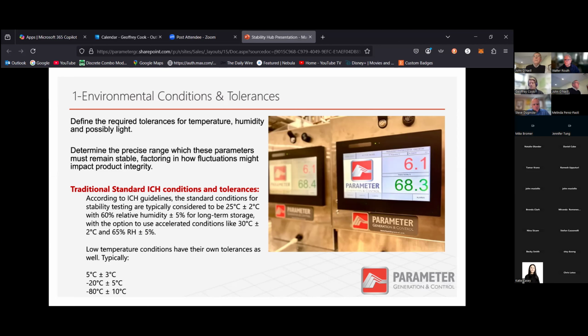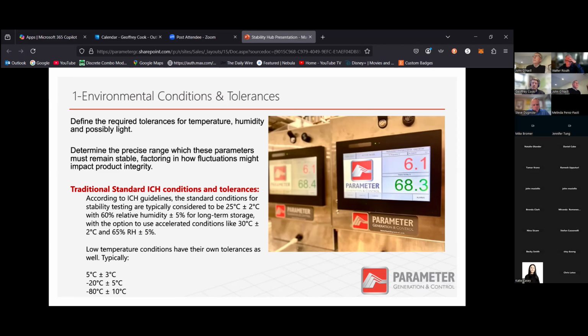So your tolerance is a little bit more lenient there too, with your plus or minus 10 degrees Celsius. So depending on the type of condition you are controlling inside the chamber will factor very greatly into the level of engineering we need to put into the machine you're purchasing.